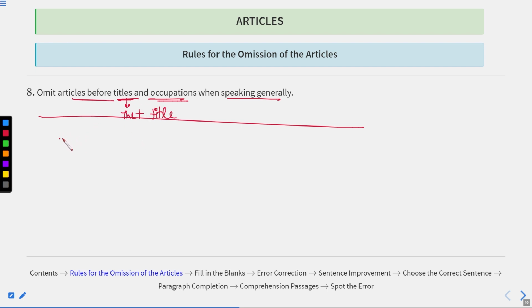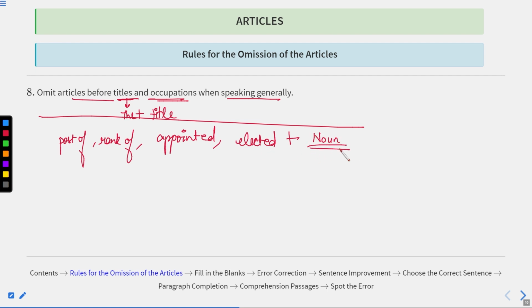Suppose there are words like post of, rank of, appointed, and elected. After any such word, if we have a noun or the name of any designation, we should not use an article in between. But if it is written in the general sense, we can use one.